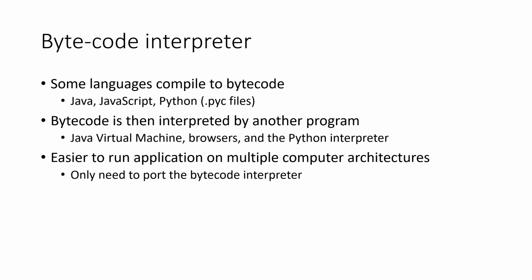For example, there are Python executables for cell phones, so that's ARM processors, and there are Python executables probably for Apple's M1 architecture. So we can get portability by just porting the interpreter. The applications do not need to be changed.